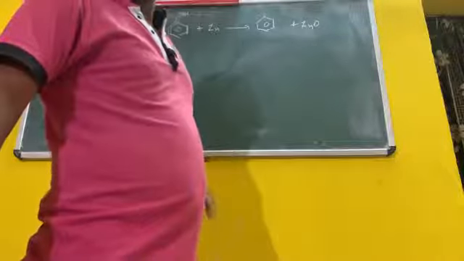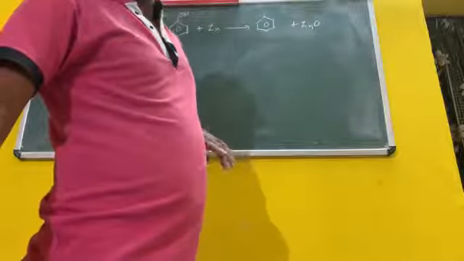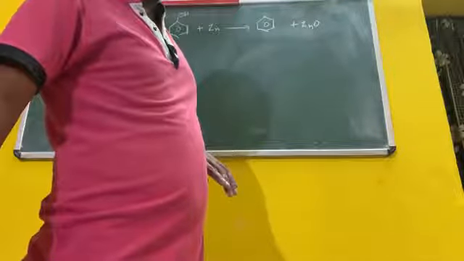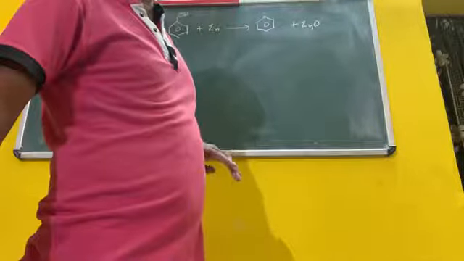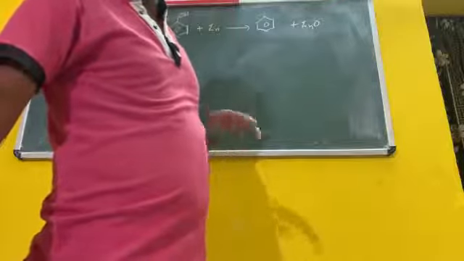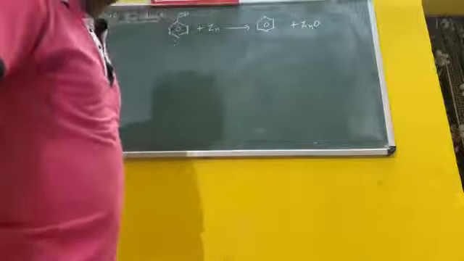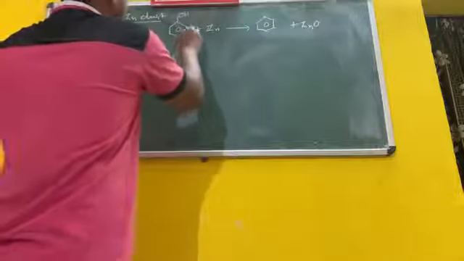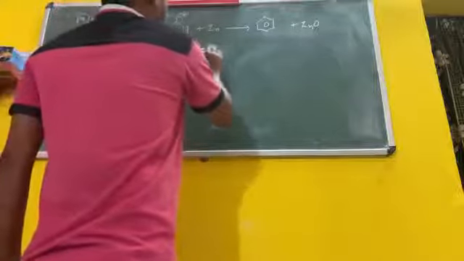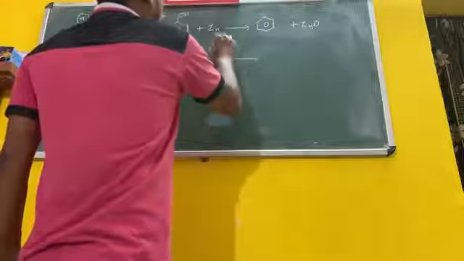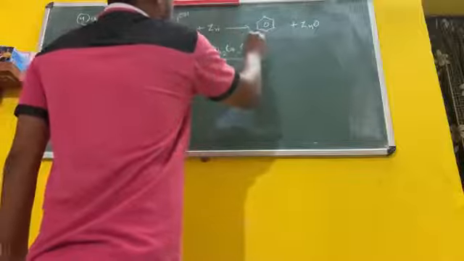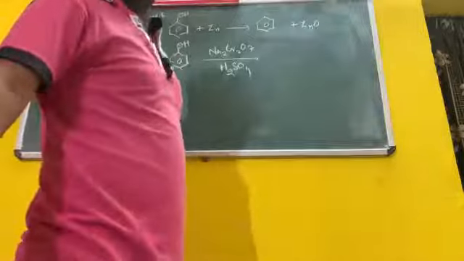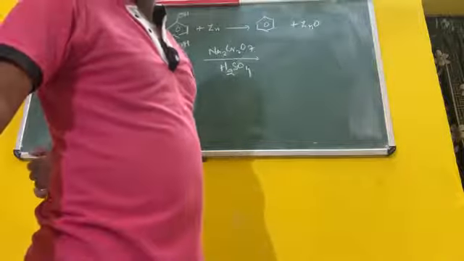Then the next one is oxidation. When phenol is treated with acidified sodium dichromate, Na2Cr2O7, in the presence of H2SO4, it forms benzoquinone.